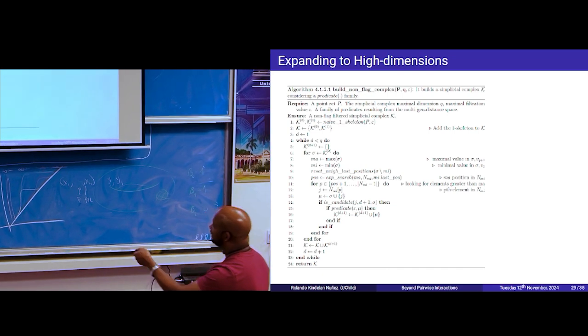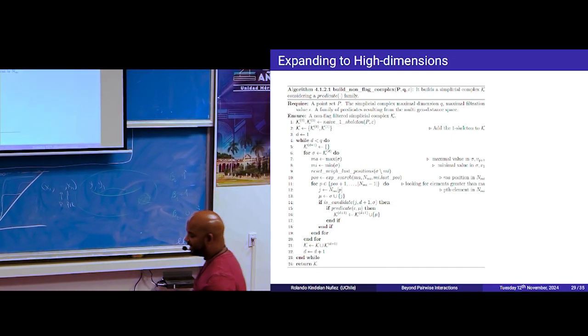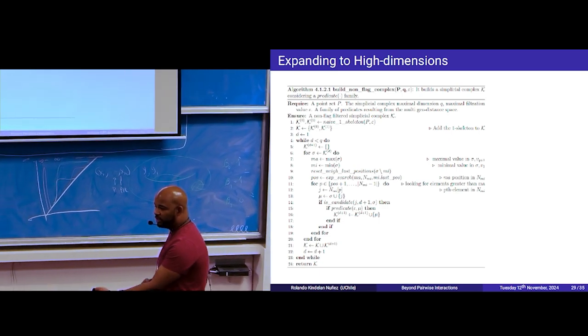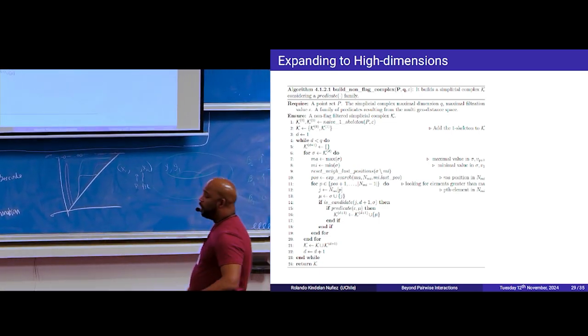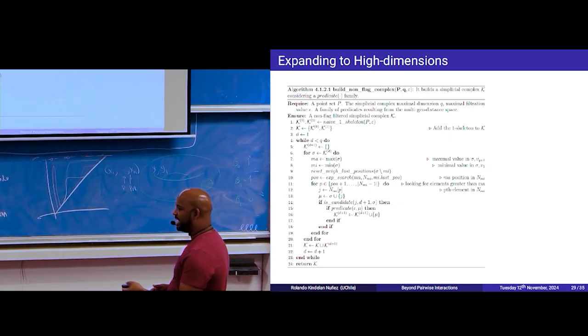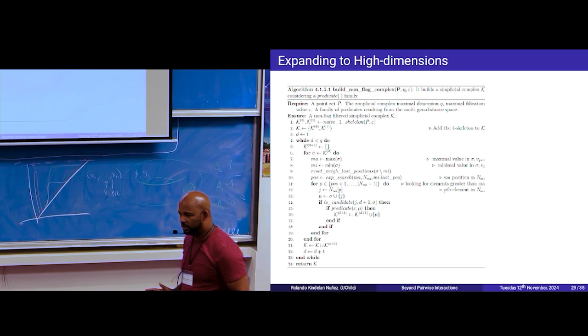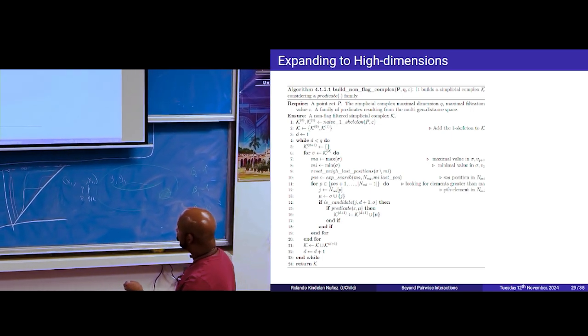Yeah, but then since we know that we only need to search in the nearest neighbor list, we don't need to check the entire complex. Imagine that you have 100 points and your neighbor list has 10 points. It's a huge improvement.